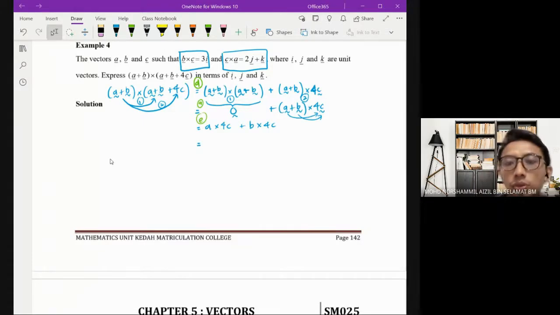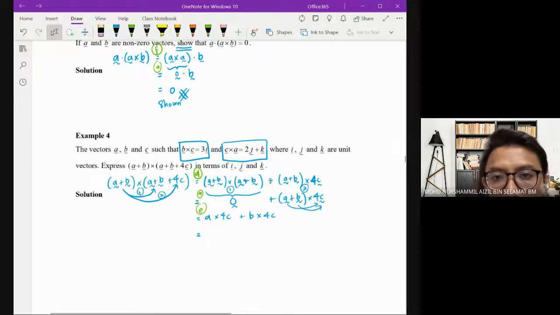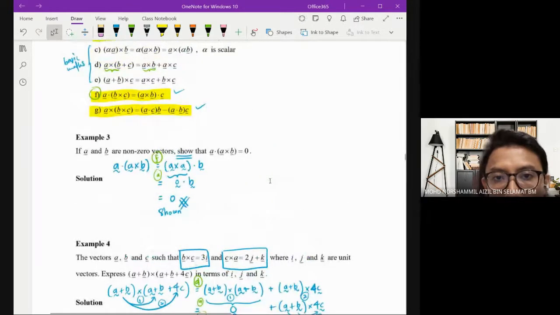Okay. So what do we do next? Which rule pula? Kita perlu dapatkan ni B cross C dengan C cross A. But we do have 4 in this case. So how do we get rid of 4? Jadi kita nak buang 4 tu.